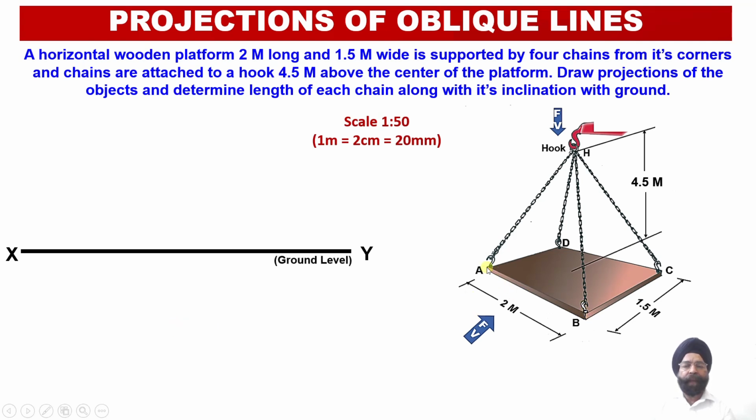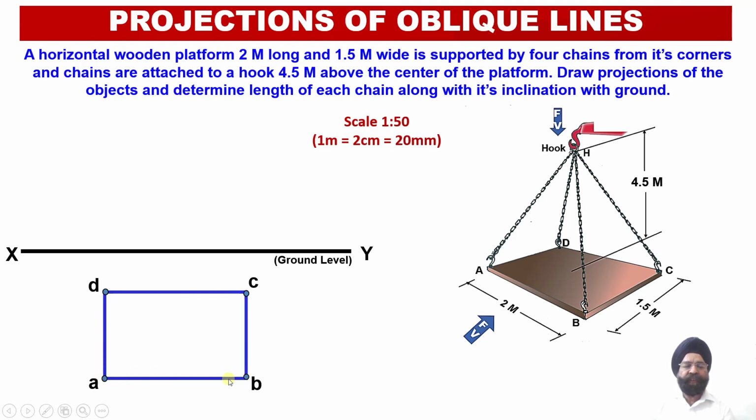Using a scale of 1:50, we are going to draw a rectangular block over here which is going to represent the top projection corresponding to this particular wooden frame.